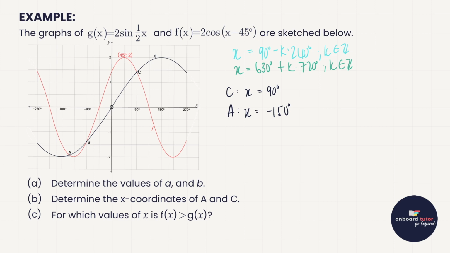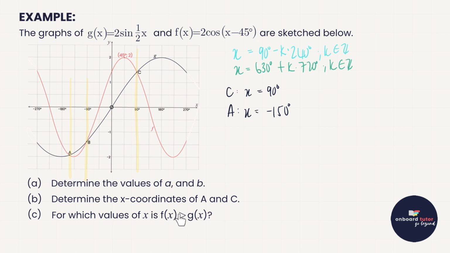What I like to do is pop some dividers in, because at every intersection they change order. I want the red graph, f, to be above the black graph, so not there. It's going to be this portion here between minus 90 and positive 90.